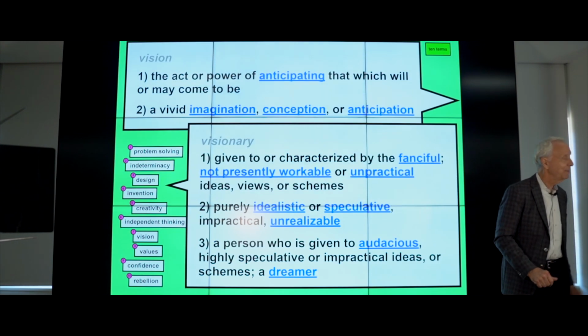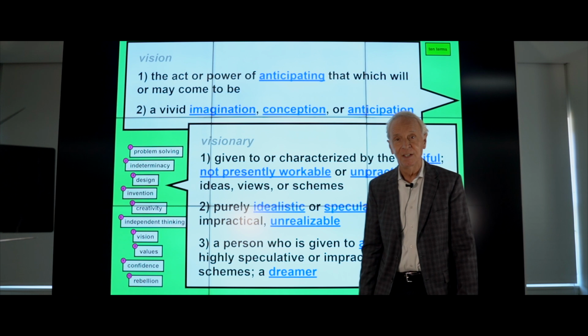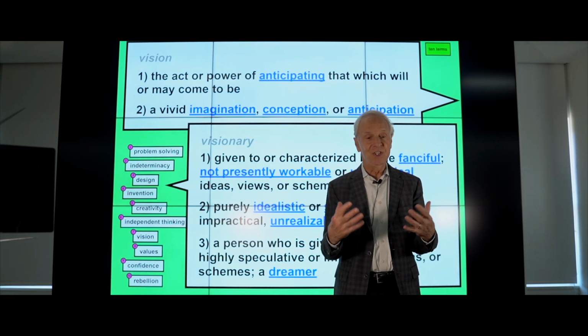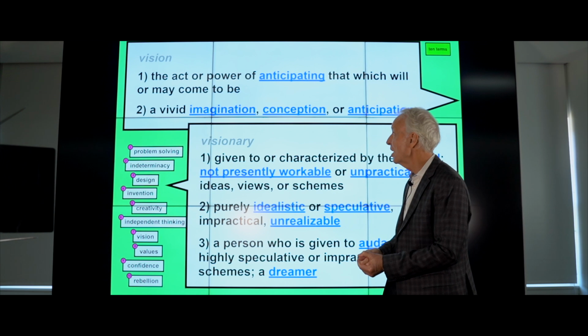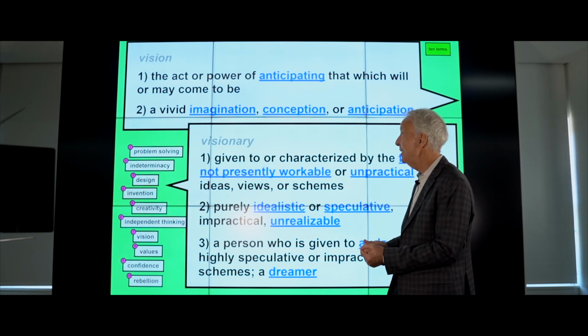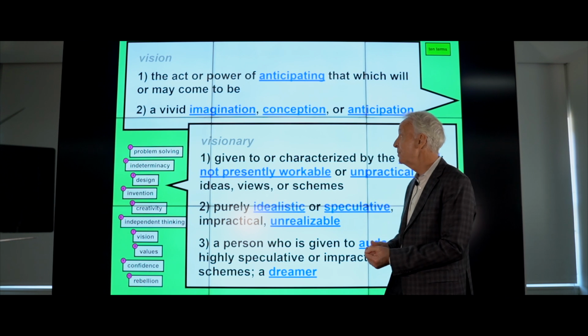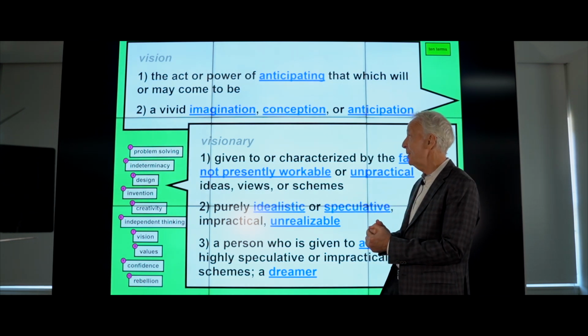Okay, the next term is vision. And again, visionaries, vision, this is a great asset for creative problem solving. So a vision is the act or power of anticipating that which may come to be. It's a vivid imagination or conception or anticipation.